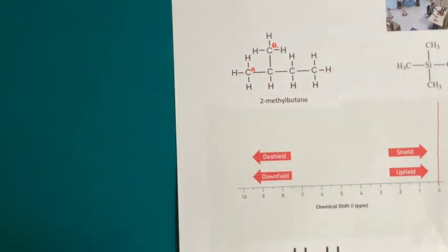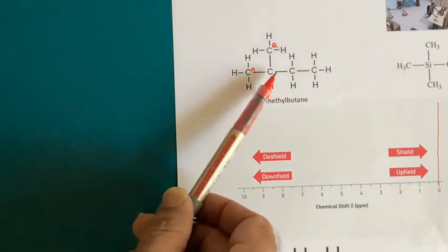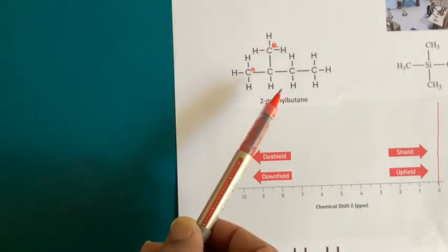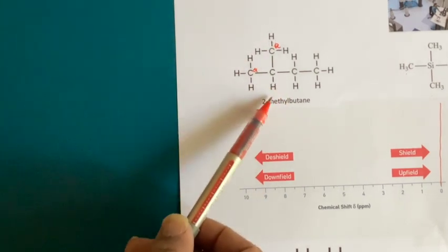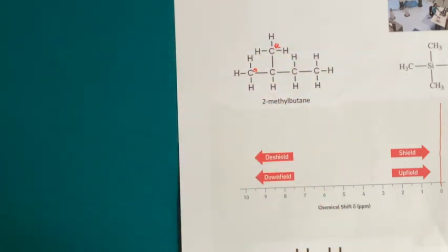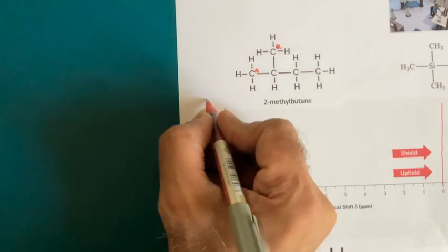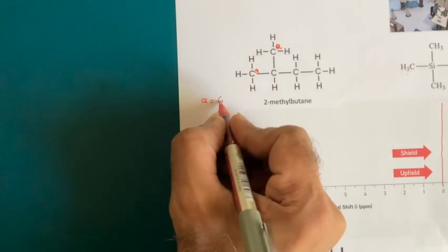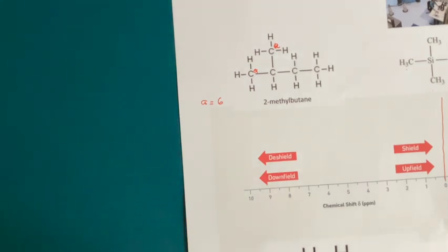And the same description applies to this one. So you have one chemical environment with 6 hydrogens in environment A. That's equal to 6. Then you have 3 other environments.